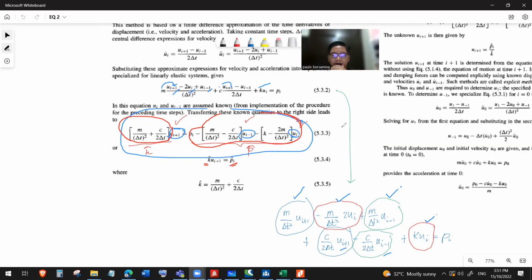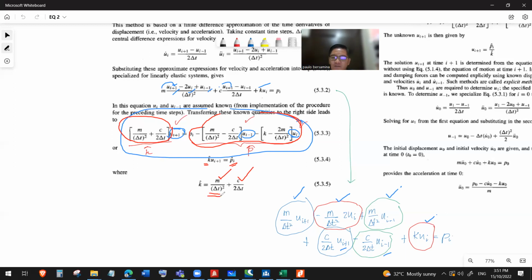Okay, and yeah, so yan yung mga constant natin. So k hat and p hat. Okay. k hat is constant, no, kasi if you notice yung mga variables niya, mass is given, no, sa problem. c is also given, no, in order to have the damping ratio.